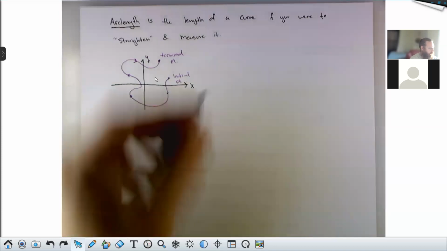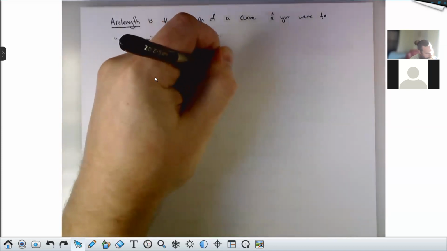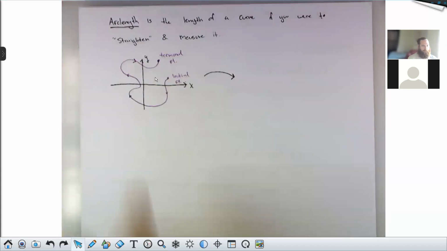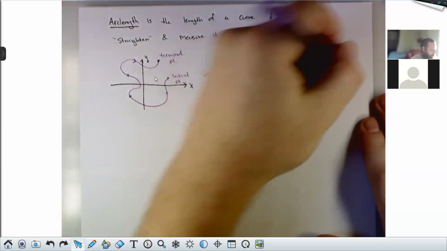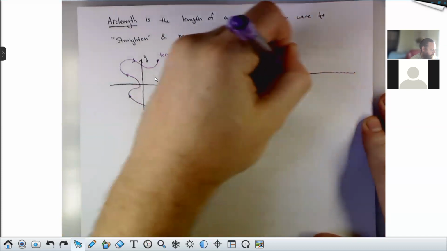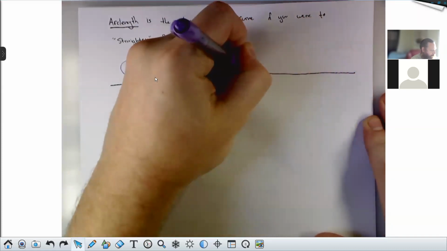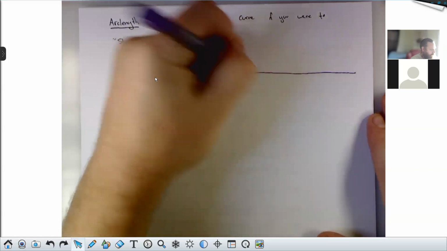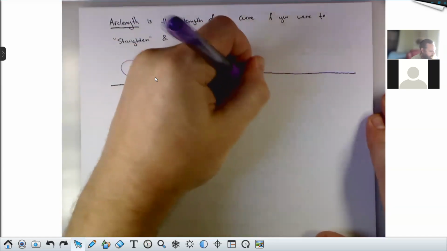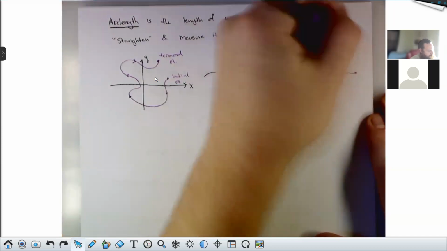What we want to imagine doing is taking this, imagine it's made of like a chain or something, and you just pull it until it's straight. So your initial point is here, and your terminal point is here.